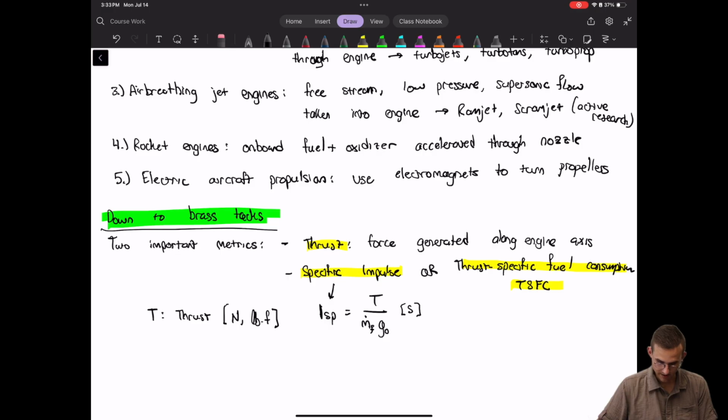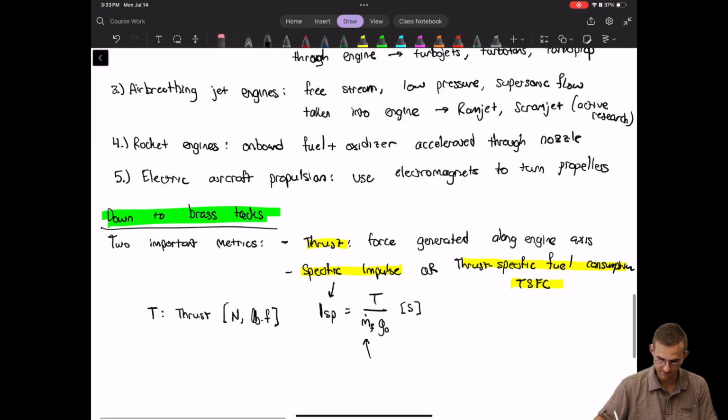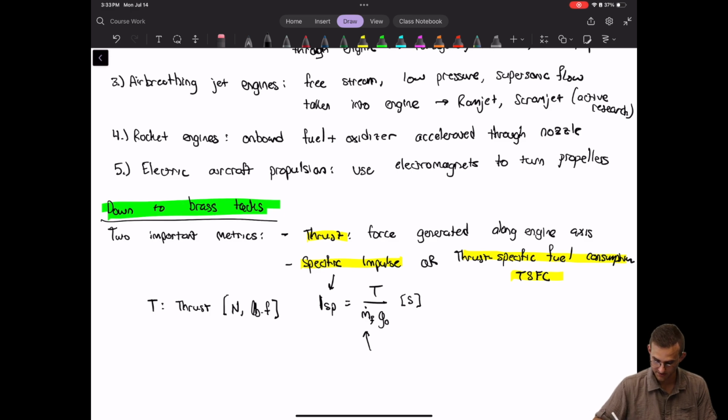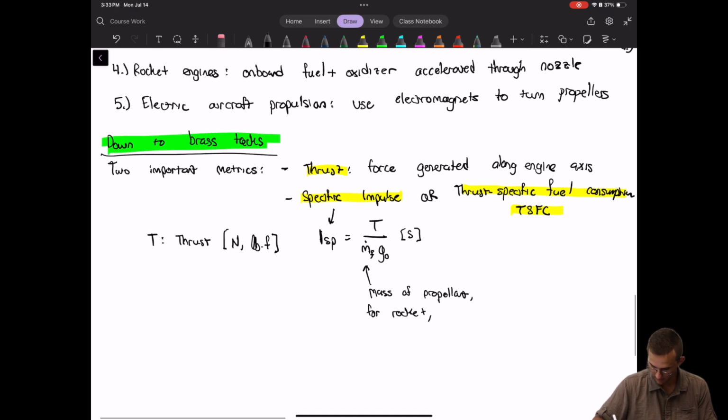And we're talking about the propellant here. So this is not just fuel, but for a rocket, it would be fuel plus oxidizer. So mass of propellant for a rocket, m dot f is equal to m dot fuel plus m dot oxidizer, just to be clear.